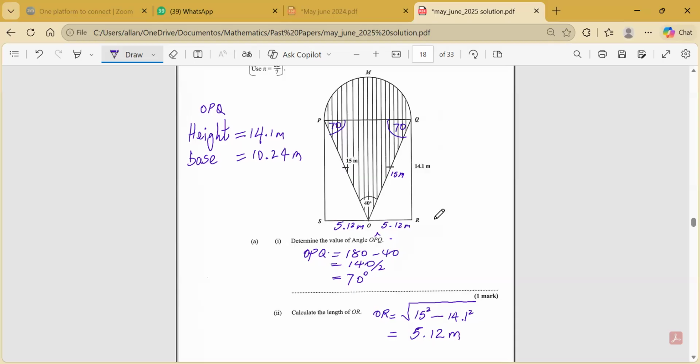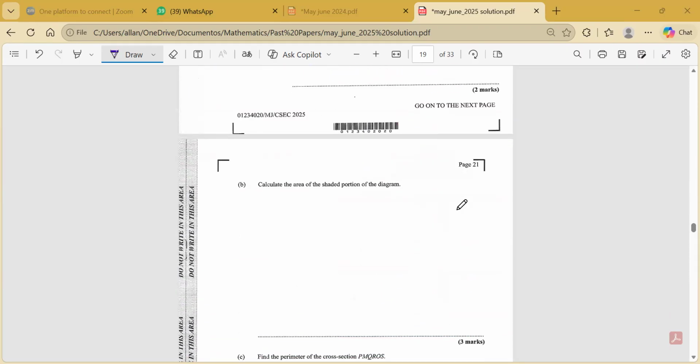Ezekiel, correct. Tyrese, correct. Shalomi, no, that was before. So we're just working on area of triangle.